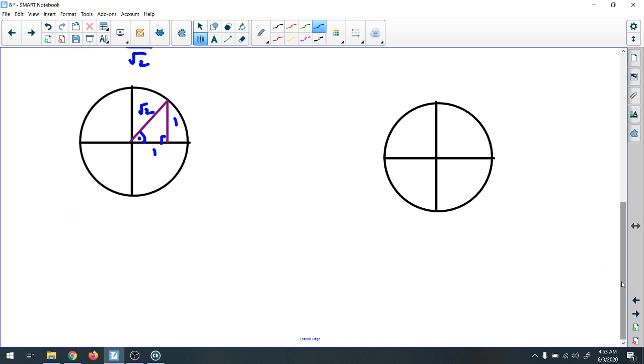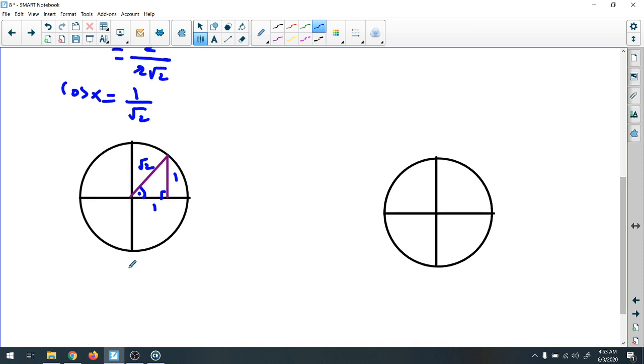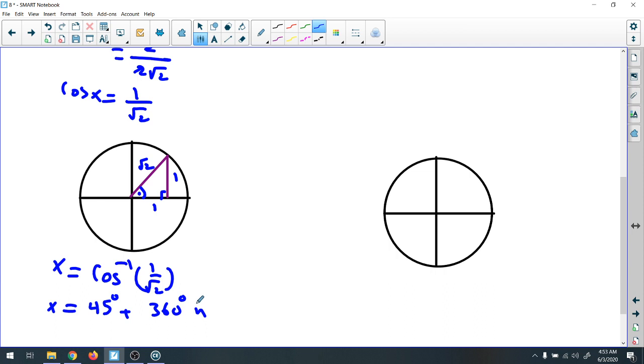So our angle, we could say cosine x equals arc cosine of 1 over square root of 2. That's the form that could give two solutions. The first solution is in the first quadrant, which is 45 degrees. You could say 45 degrees plus 360 n or k.